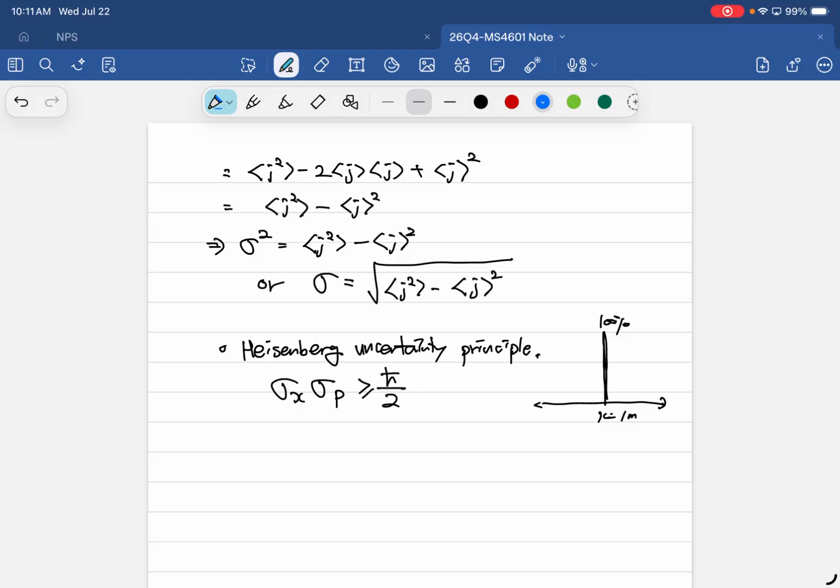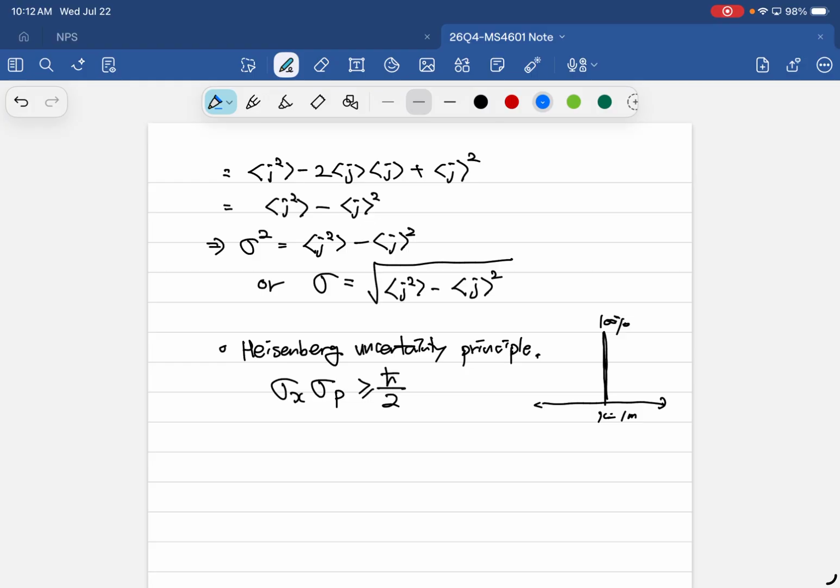Okay. So what does it mean physically? In quantum mechanics, or actually it's universally applicable, but we will talk about that a little bit later. If we know position more precisely, the uncertainty of momentum increases.